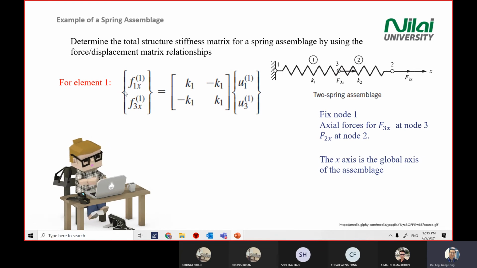All right? So you complete the left-hand side with the force alphabet, equal to the square bracket with the K. So you have K1, minus K1, minus K1, K1. So this one is fixed already, for the spring structure.